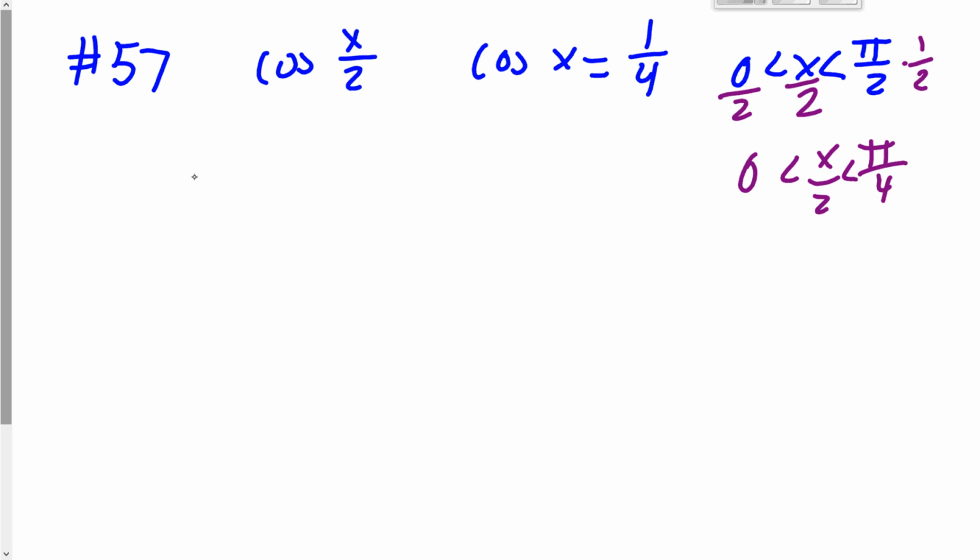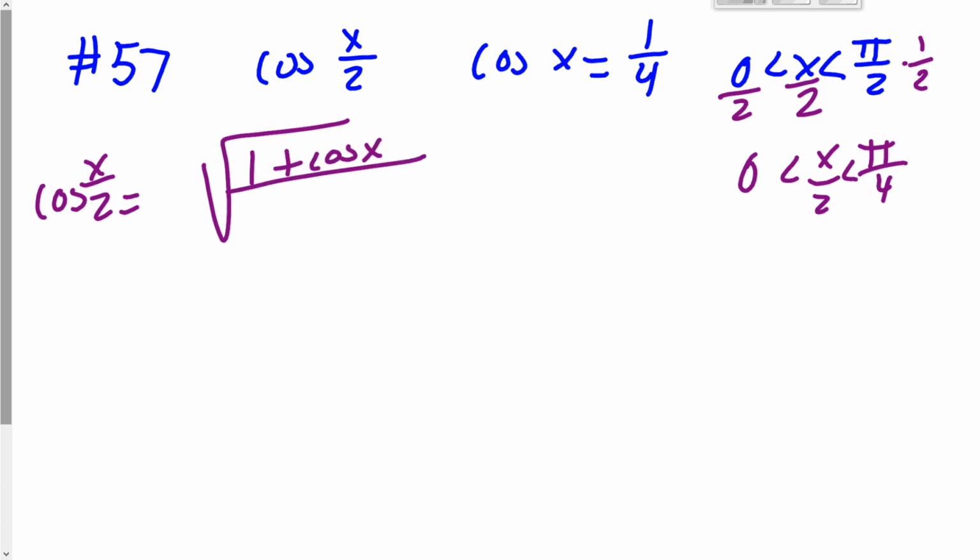So here, cosine is the square root of plus or minus, but we know we're in the first quadrant, so it's going to be positive, so we don't have to worry about that. That's why we did that work. It is 1 plus cosine of x, and we're given cosine of x, all over 2. So this is equal to the square root of 1 plus 1/4 all over 2.